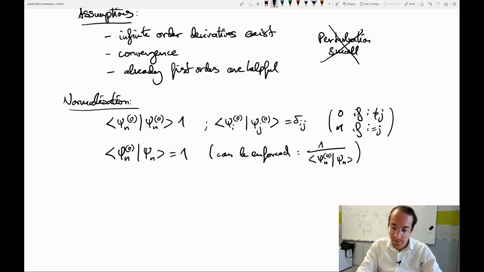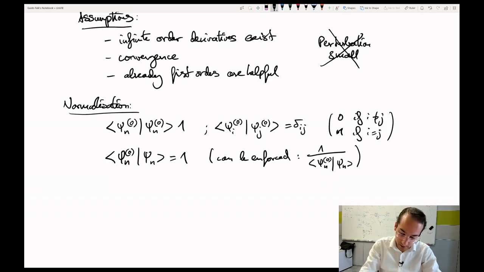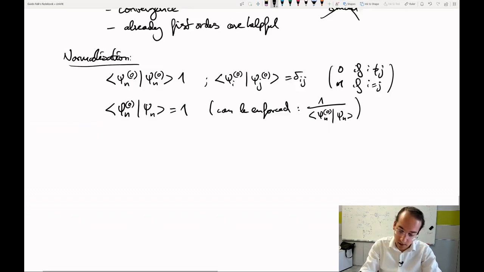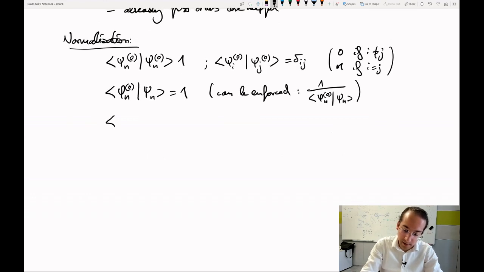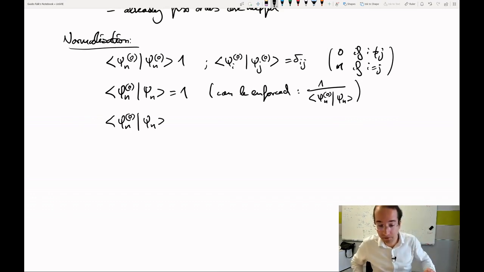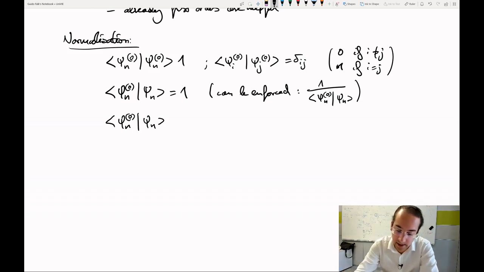So let's have a look at what this means for the individual expressions. This one here can be expanded. The right part of this is this infinite sum, so I can take the ket here and say, this is 1 as we enforced before.